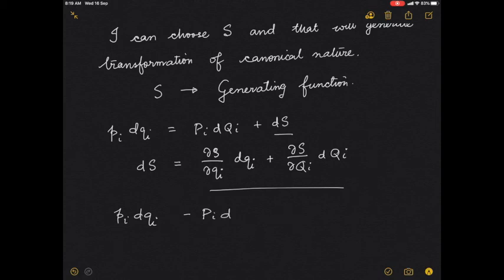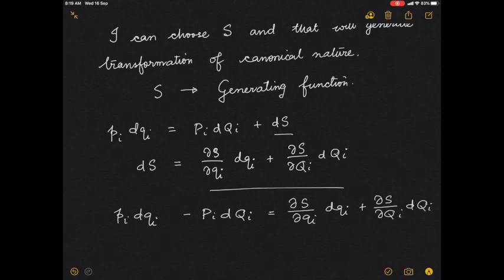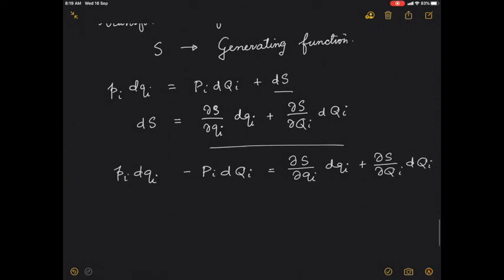So let's see what I get. I can put these two in the left hand side, because that will make our comparisons easier, and ds in the right hand side. So I get del s del qi dqi plus del s del qi dqi.